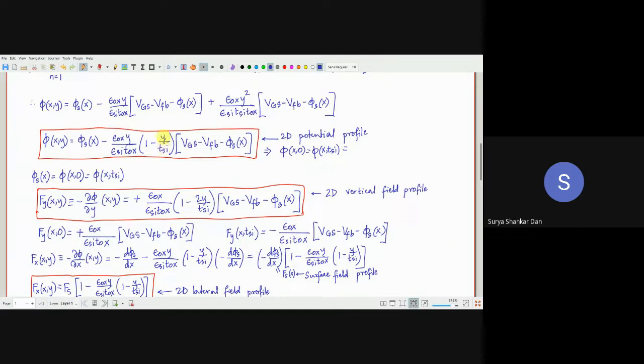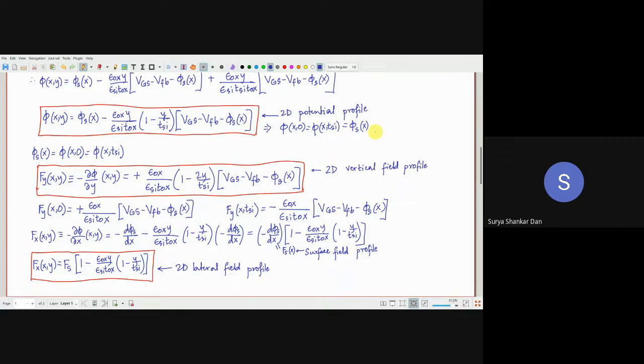Tsi by tsi will cancel, giving 1. 1 minus 1 is 0. So again, this entire term vanishes. You are left with only φs(x). So what does it imply? Since this is a symmetric double gate structure, your bottom and the top surfaces are going to share the same surface potential. Very nice.